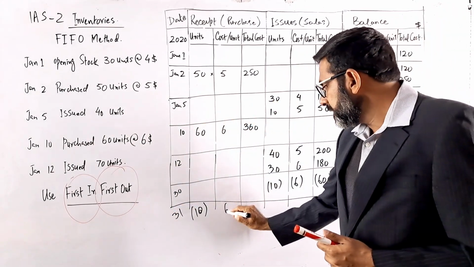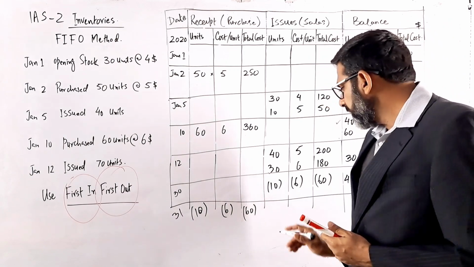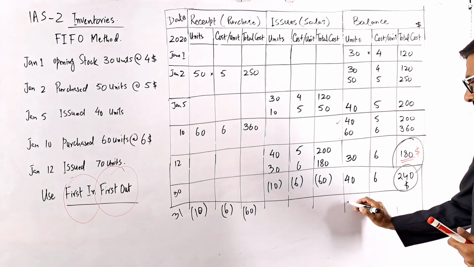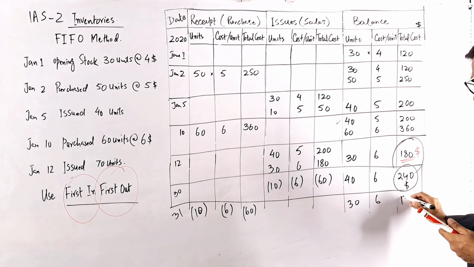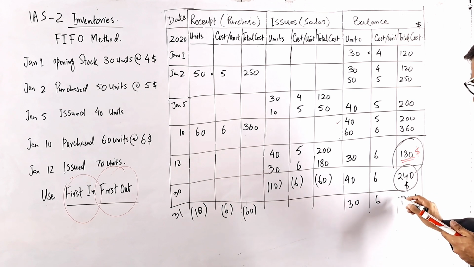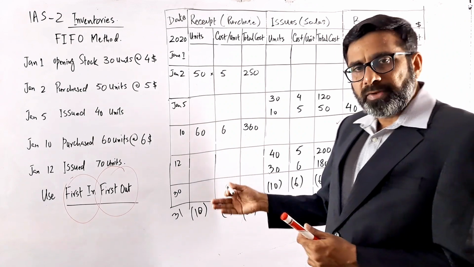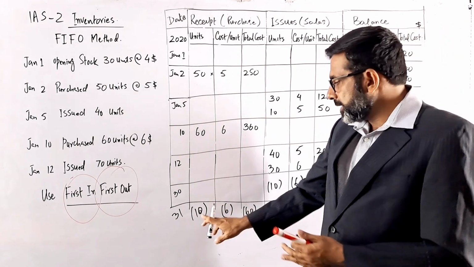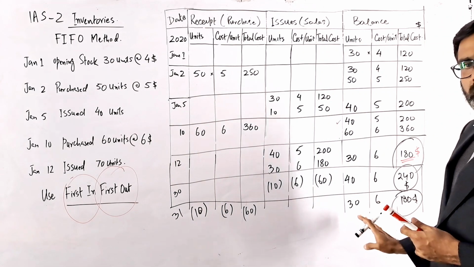In that case the cost is 6, so it will be 60 in brackets. The balance will be 30 units, and it will be $180 as the closing balance. Why? Because we had received the units, but now we are returning them to the supplier, so it will decrease from the total units.